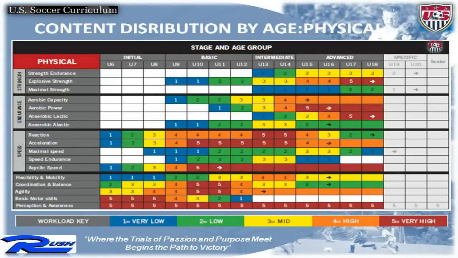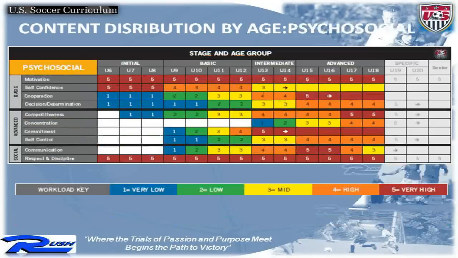Number 1, strength; number 2, endurance; number 3, speed. And below those 3 subtopics, we observe 5 independent characteristics: 1, flexibility and mobility; 2, coordination and balance; 3, agility; 4 basic motor skills, 5 perception and awareness.